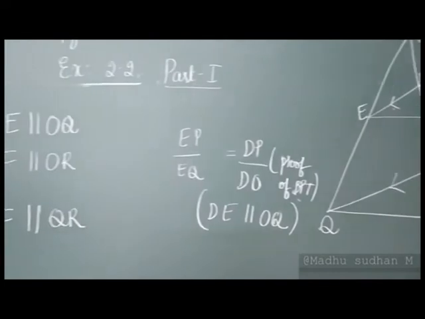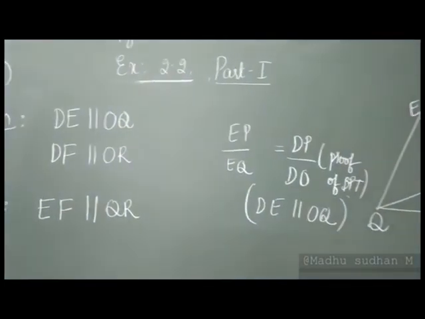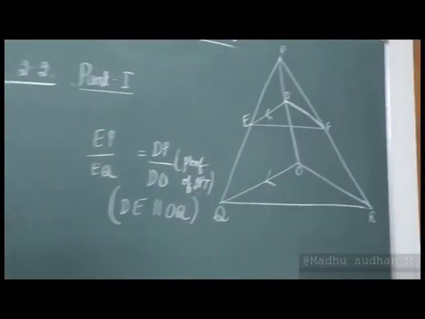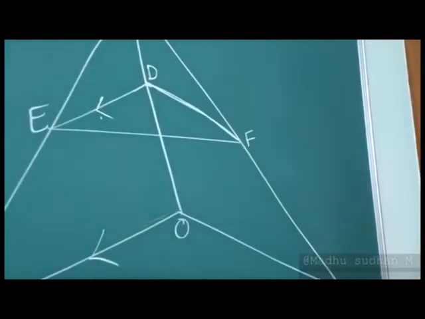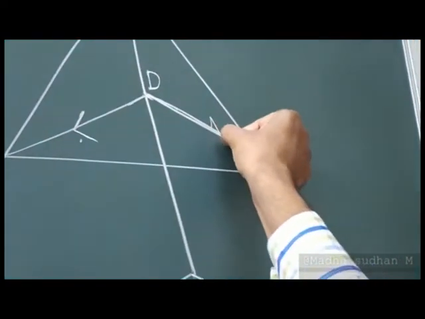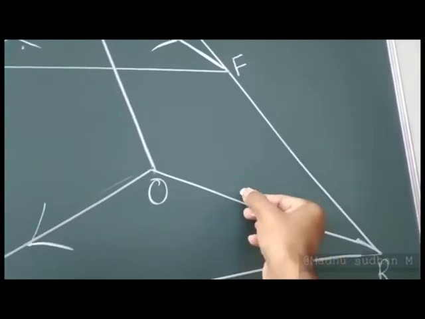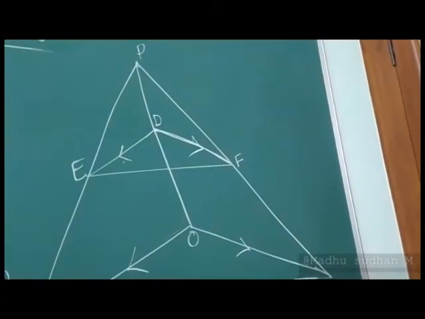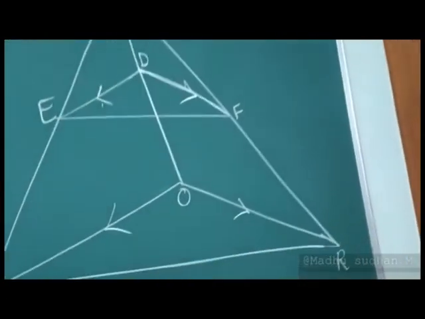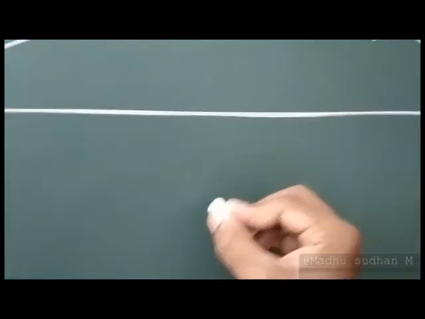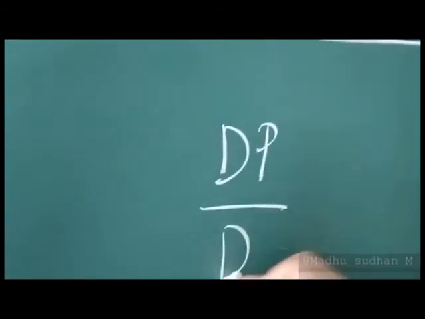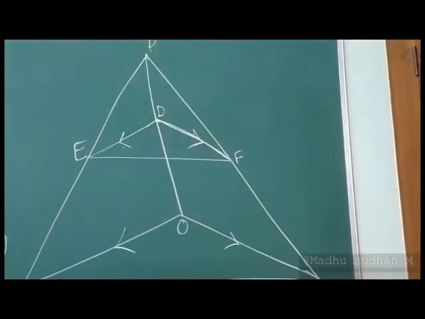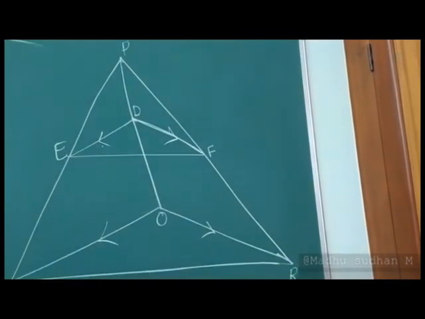So in one set of given data, we have DF parallel to OR. So DF parallel to OR, looking at the diagram there. Again coming to the diagram here, let me write this DF parallel to OR. Now again, we can write BPT for that, DP by DO, right? So DP by DO shall be equal to what? Again looking at the figure there, DP by DO shall be equal to FP by FR, right?